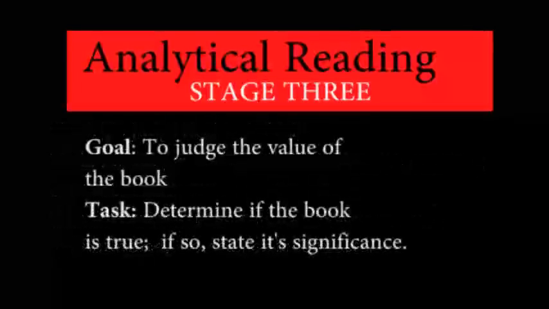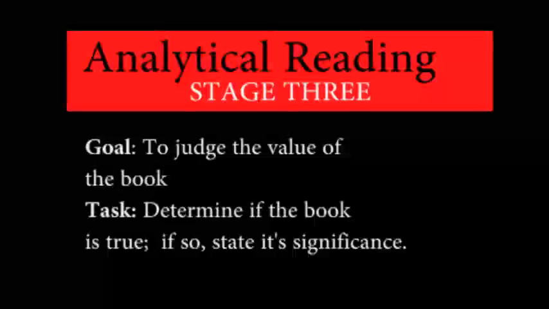The final two questions readers must ask in analytical reading are, is there truth in the book? And if so, what is the significance of that truth? The truth of every kind of writing can be judged in such senses as mathematical, scientific, philosophical, historical, and poetical.